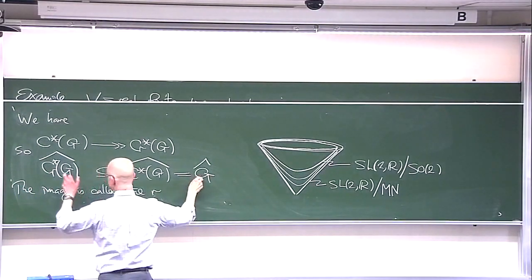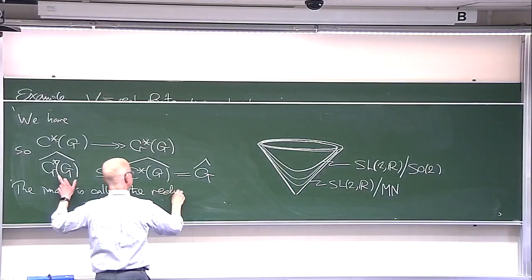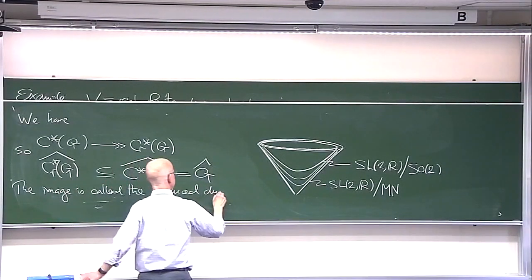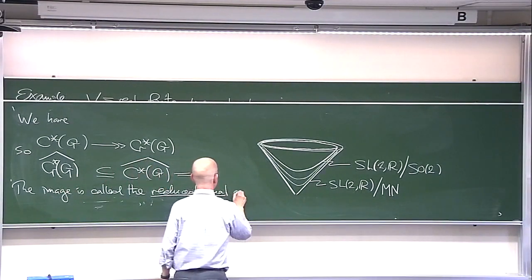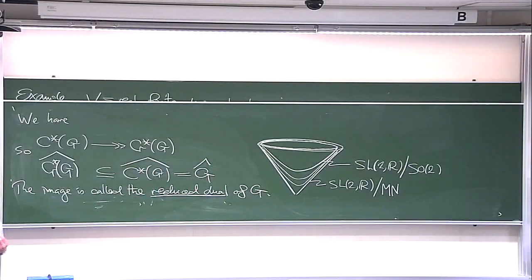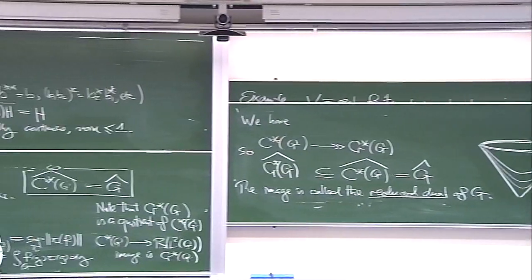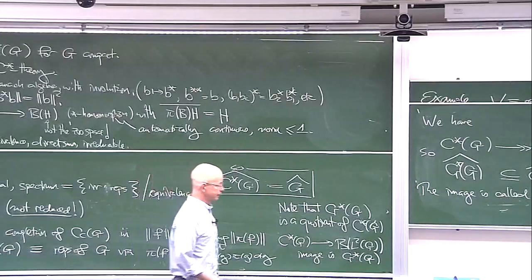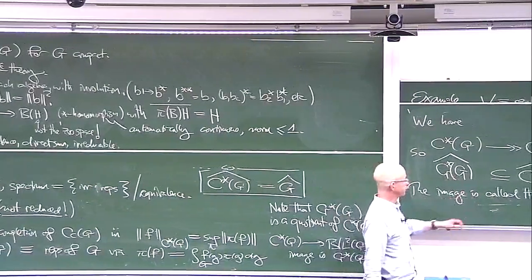And the image inside of here, of the representations of this reduced C star algebra, is what's called the reduced dual. And that's the collection of representations that we actually want to study, at least in the case of the special groups that we're going to look at.